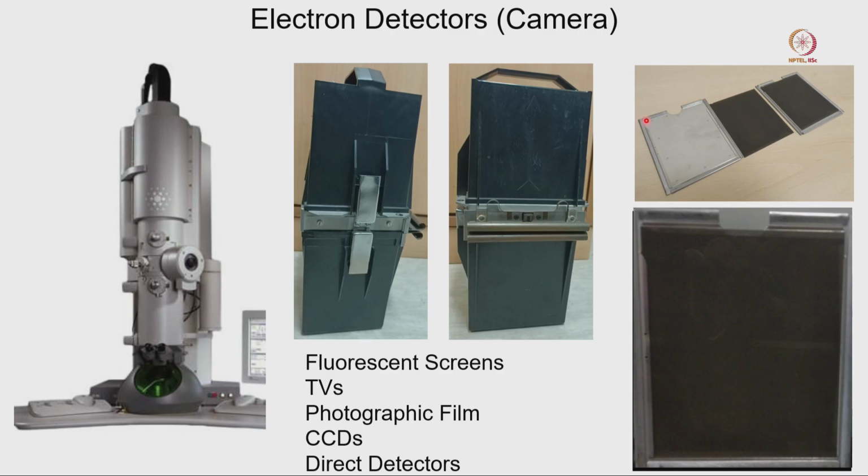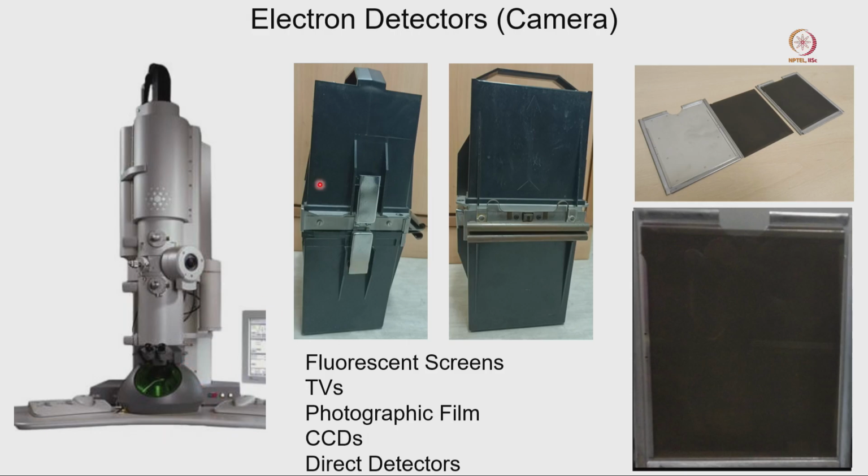If you just look, this will be 6 centimeter and this will be 9 centimeter, and this is the entire photographic film which is fitted in this particular cassette, and this individual cassette will go here, and we have to stack them one by one like that. So, a total of 56 films you can stack here, and this entire cassette of 56 films will go at the back inside the microscope.